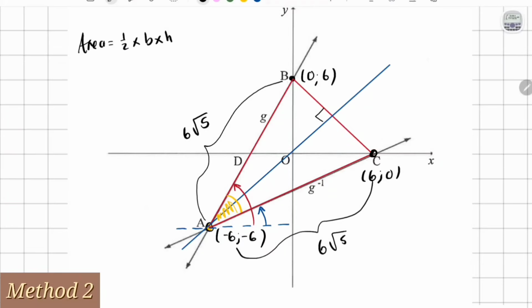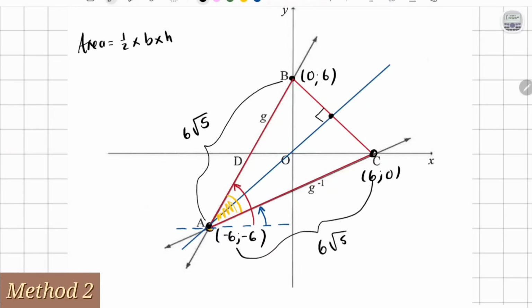So in this one, the only thing that you have to work on now is you don't have to find any angles. You just have to focus on trying to find the length of BC and that perpendicular height. That's just from here, of course, to that point of intersection.